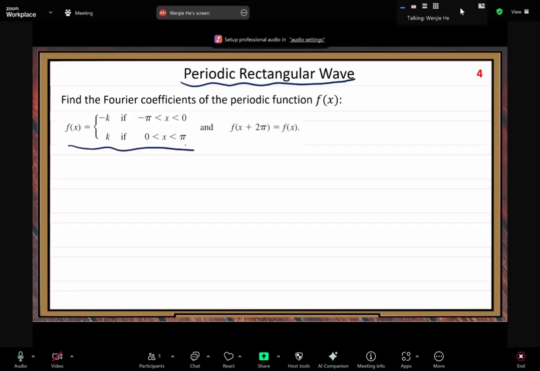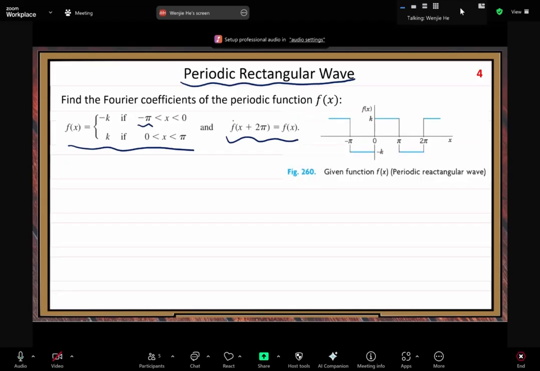In one period between negative pi and pi, one symmetric period, it has a negative part and a positive part, a rectangular wave. Then we do the periodic extension to cover the whole real axis. So the graph looks like this. That's the rectangular wave.